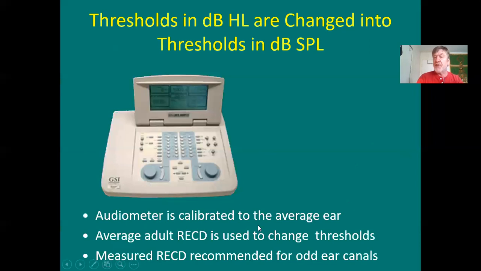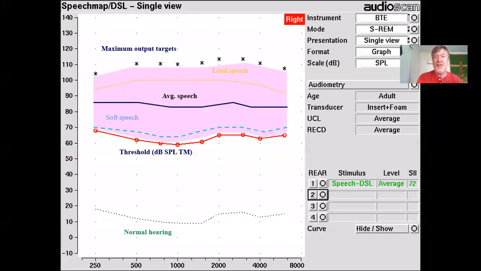The audiometer is calibrated for the average ear. Average adult real ear to coupler difference is used to change thresholds from dBHL into dBSPL. And basically, you'll see what I'm saying here, but have a look now. This is going to be a picture of typical real ear as it's done today.